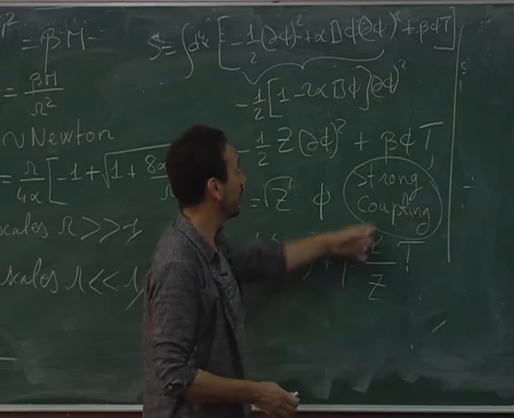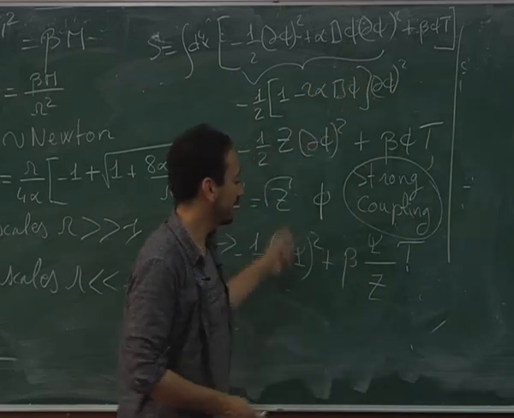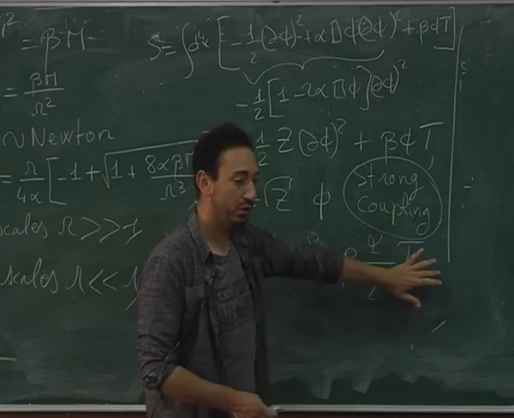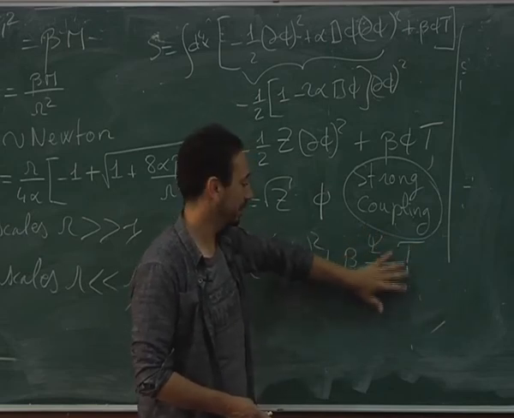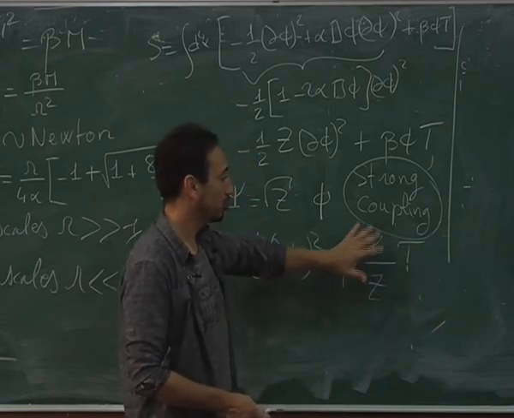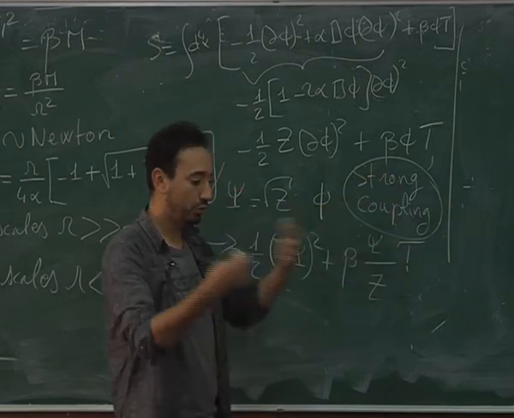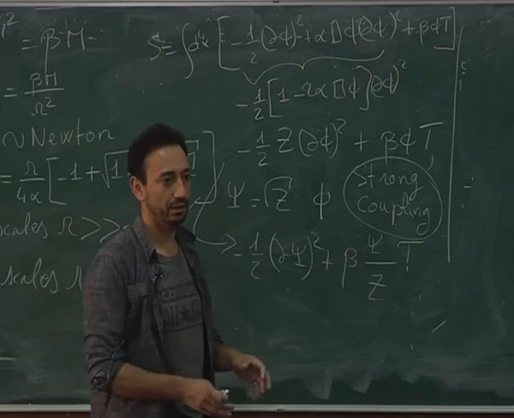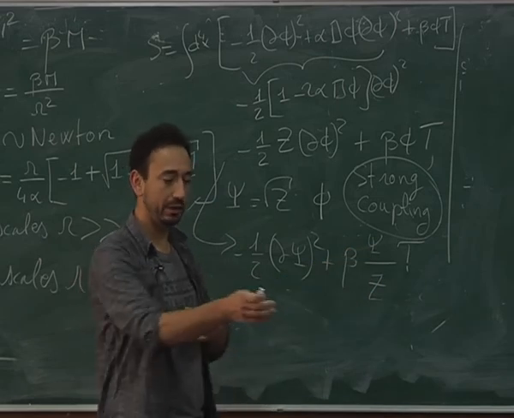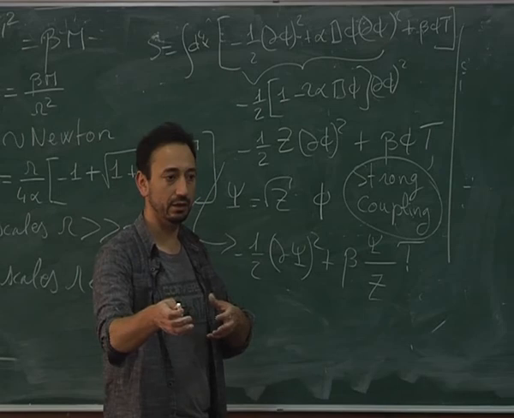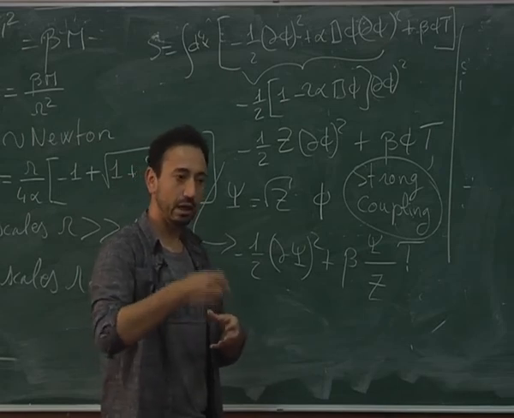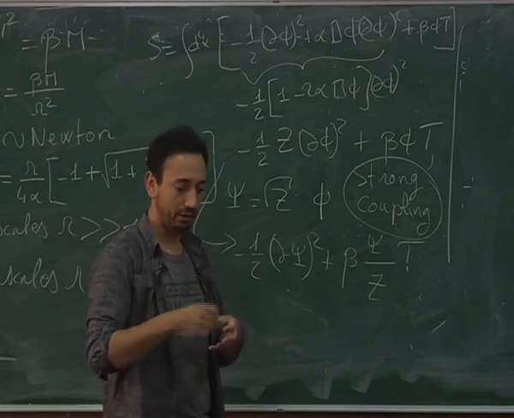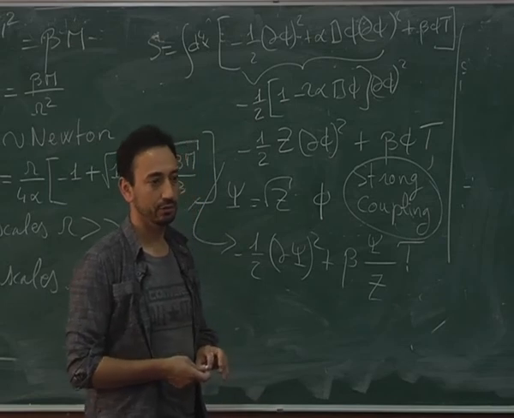And when this Z becomes very large, it decouples from matter completely, because that becomes 0 actually. So when a scalar field is coupled to itself strongly, it decouples from the other fields. Initially that scalar field is linked to all matter fields, and then it starts coupling principally to itself, it decouples from the others. That's the idea.